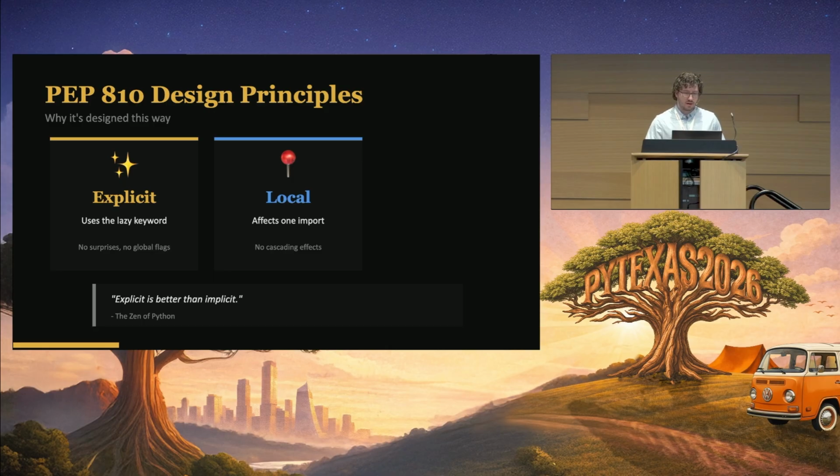And then it's very local, so it's only going to affect that one thing. Adding lazy to your import stack is not going to change anything else. It's just for that one line. And then it's very granular. So again, it's per import control, which is very nice.